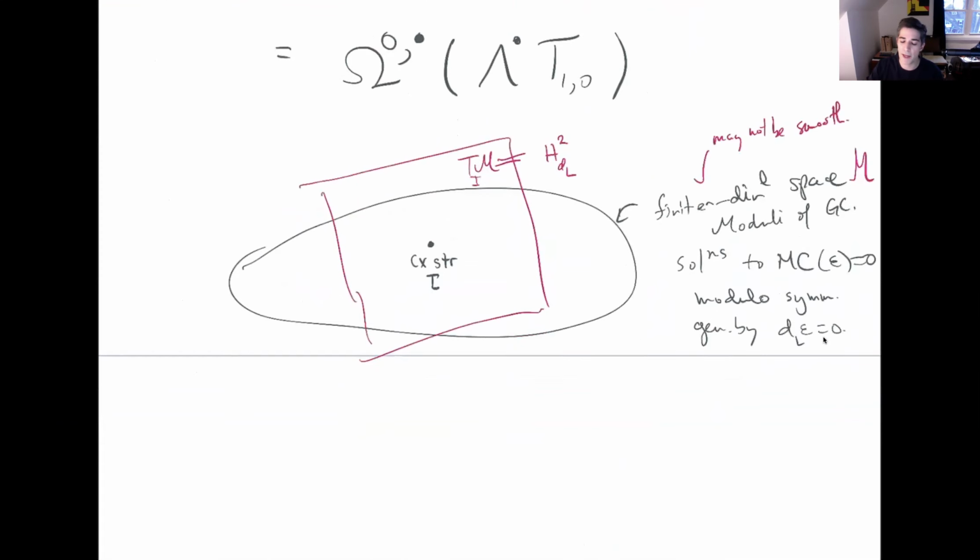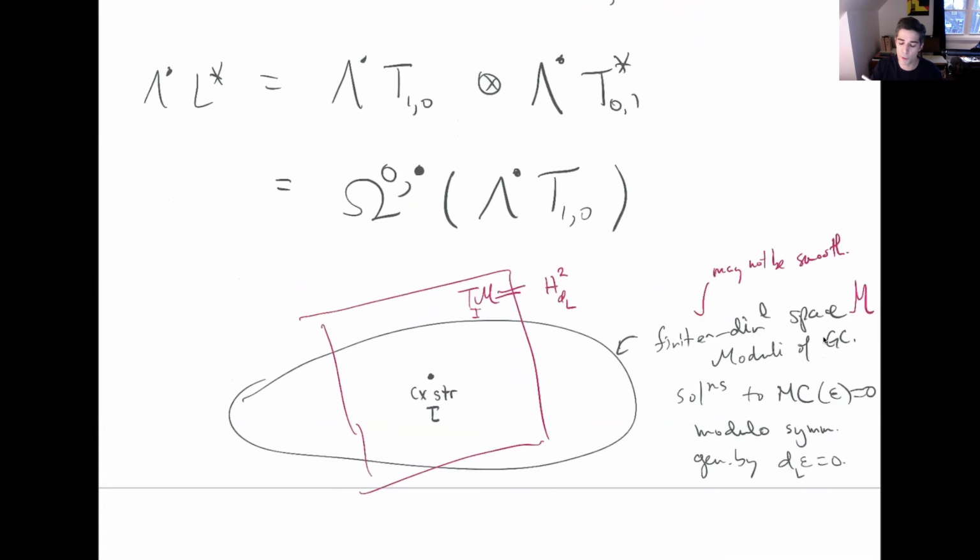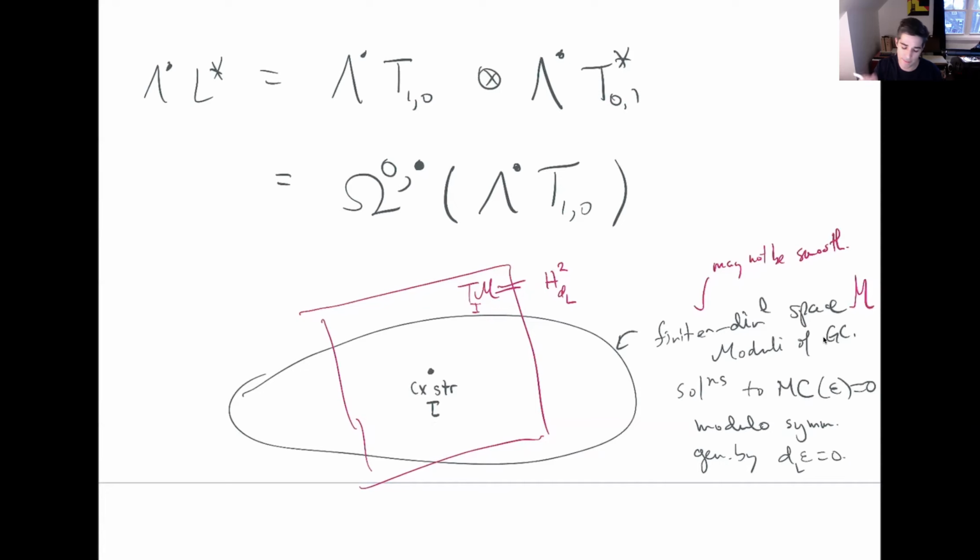Okay, and that's what I proved in my earlier papers, that there's an analytic obstruction map from this finite dimensional vector space, let me call it nu, to H3 DL.